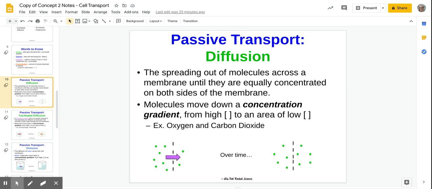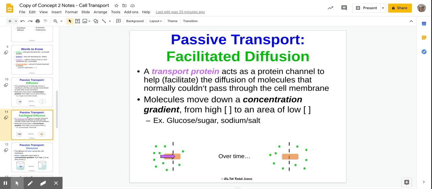Examples are going to be small molecules like oxygen and carbon dioxide. So there's a lot on this side. They're going to move through this dashed line, which is the cell membrane, until it's balanced out, until it hits equilibrium. So that's simple diffusion.